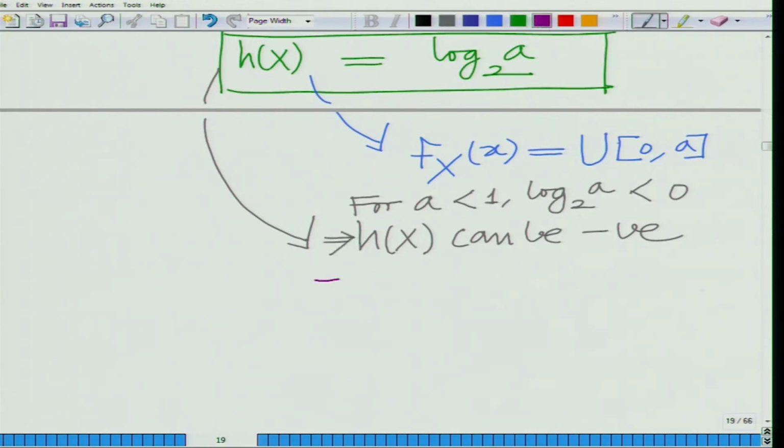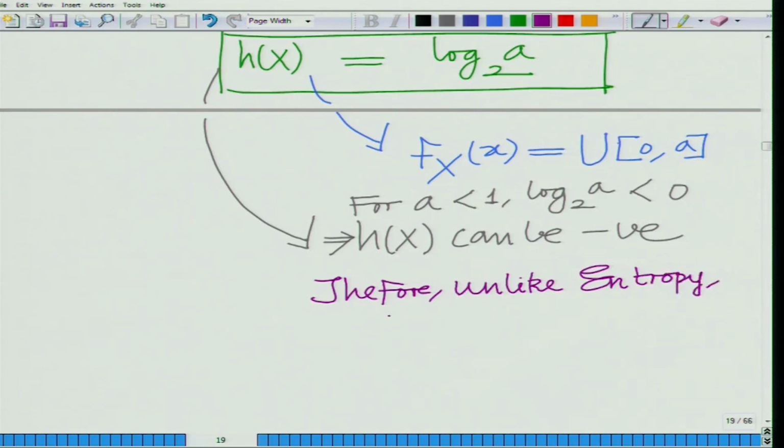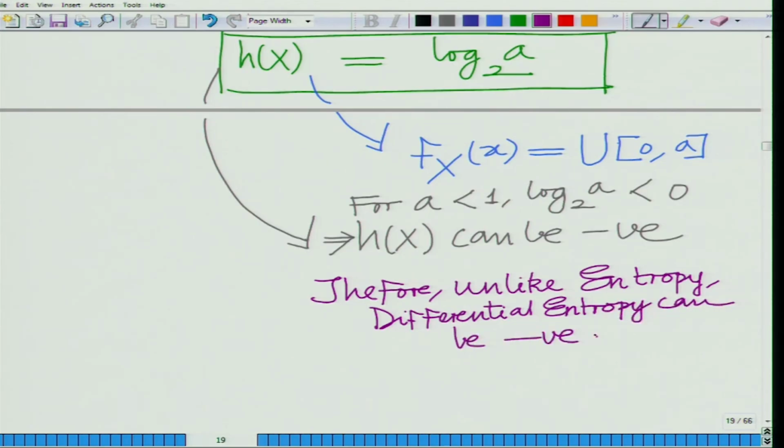Therefore, unlike entropy, the differential entropy can be negative, and this is an important property of the differential entropy.